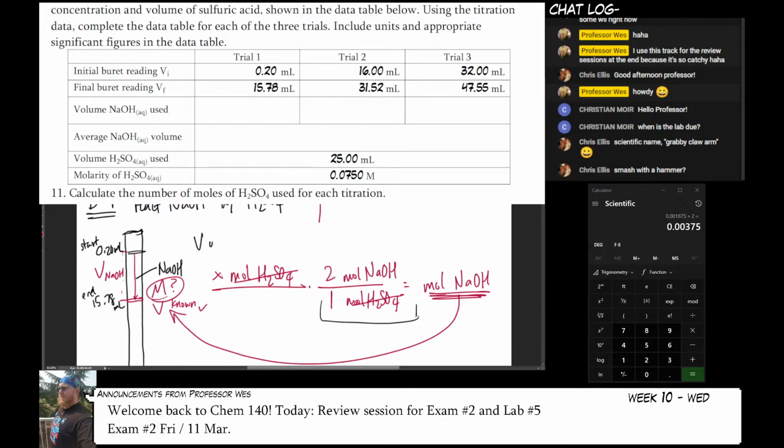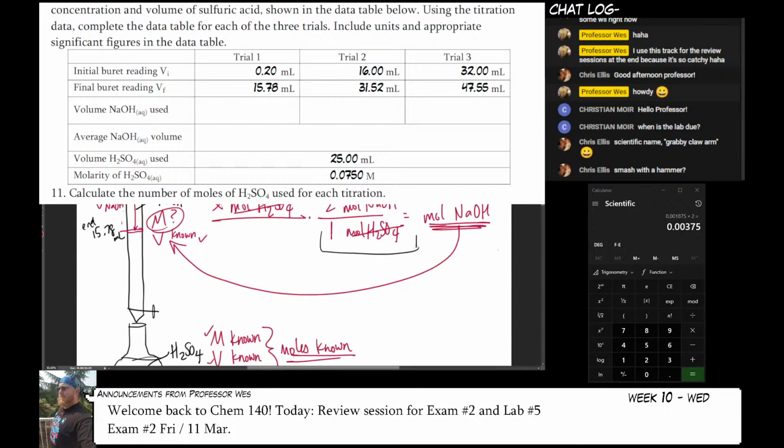Then the volume used would be the final volume minus wherever I started, right? So this would be 15.78 minus 0.20, which would be that. So there's the volume that was used for trial 1. You just subtract the 2.